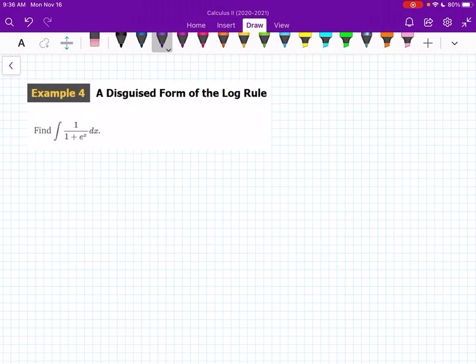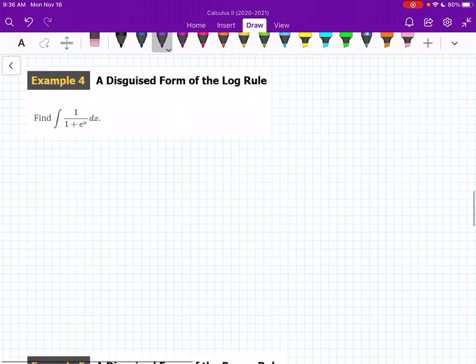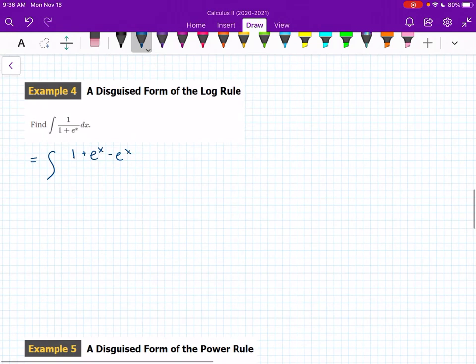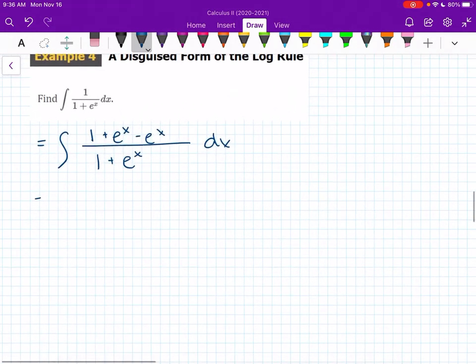So what I'm going to do here is some algebra manipulation. On my numerator, I'm going to add e to the x and subtract e to the x. That's helpful because now I can separate this into 2 separate fractions, 1 plus e to the x over 1 plus e to the x, which is going to be nice and easy.